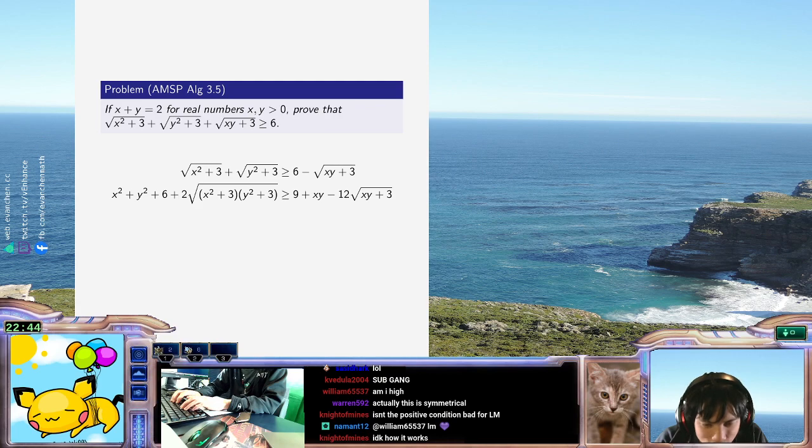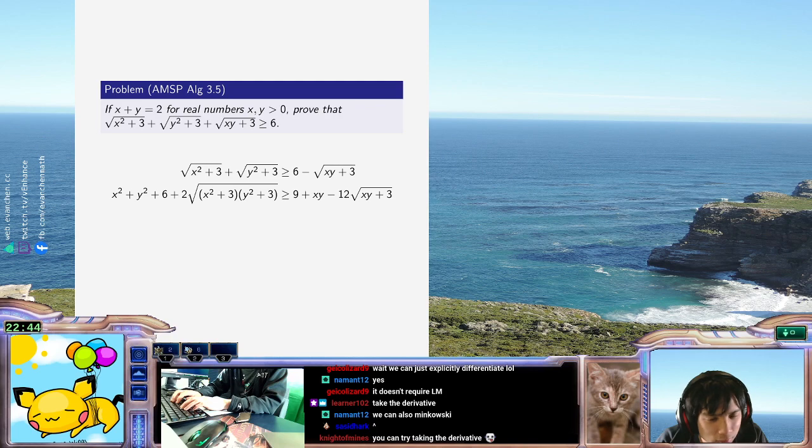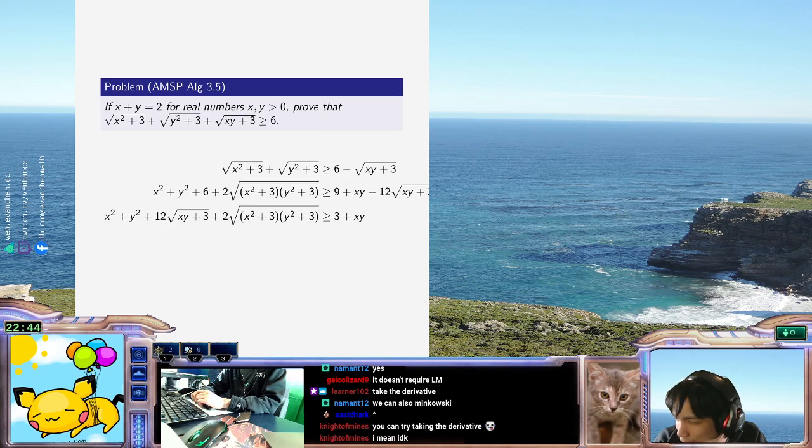Okay, what did I mess up? So something's wrong because, okay, what did I do and why is it so lopsided?